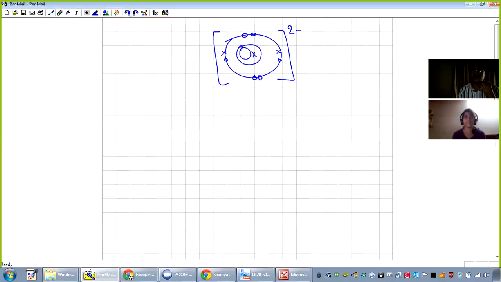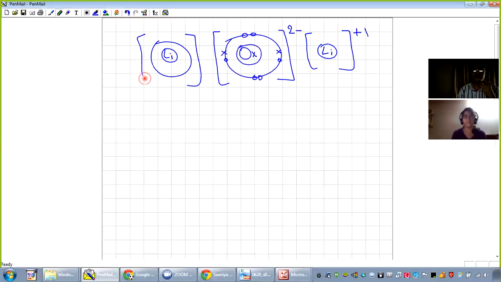I can show the other 2 remaining lithium atoms. This is going to carry a single positive charge, +1 or 1 plus. 1 plus or +1, it's fine.